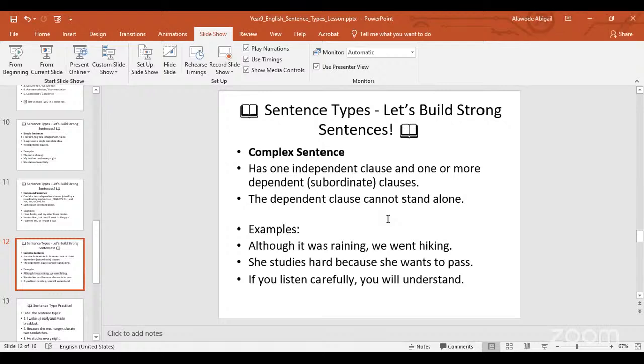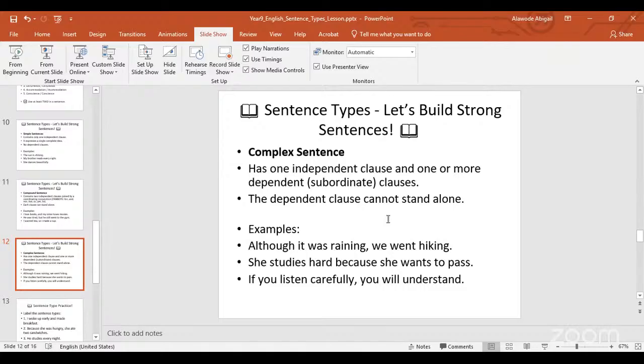Fantastic. You chose to use "even though," and you abandoned my "although." It's still okay. So we went hiking even though it was raining. We went hiking although it was raining. So that's the thing about complex sentences. It can flip position. It doesn't have to be static. It's very flexible in nature.